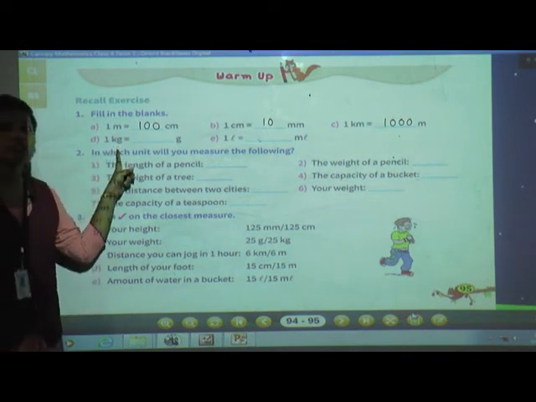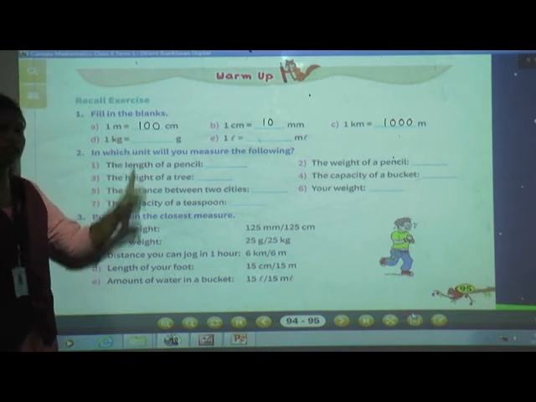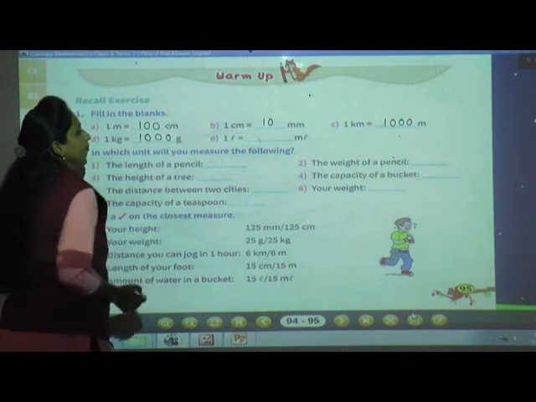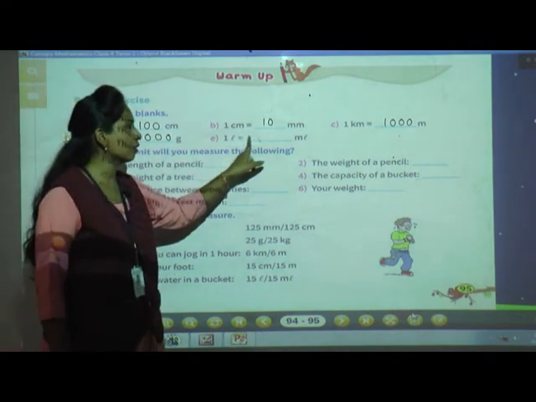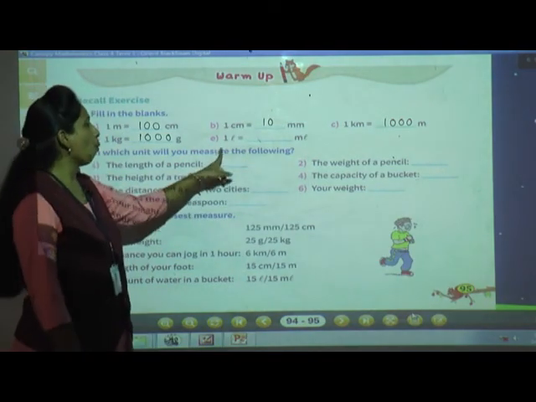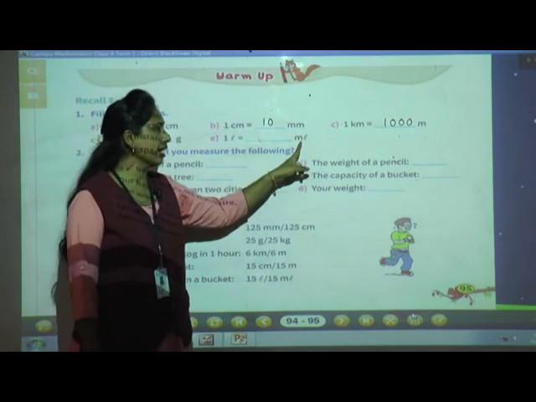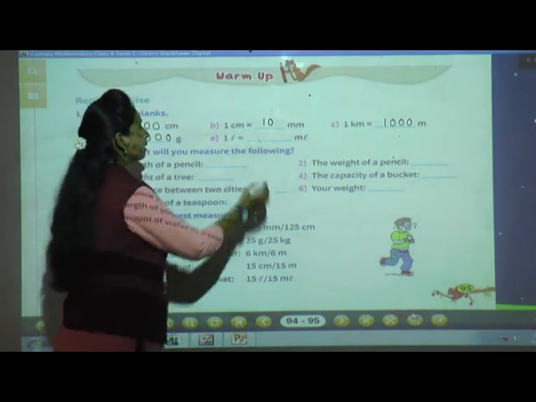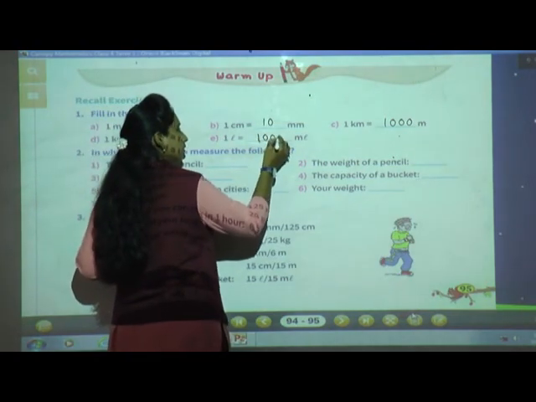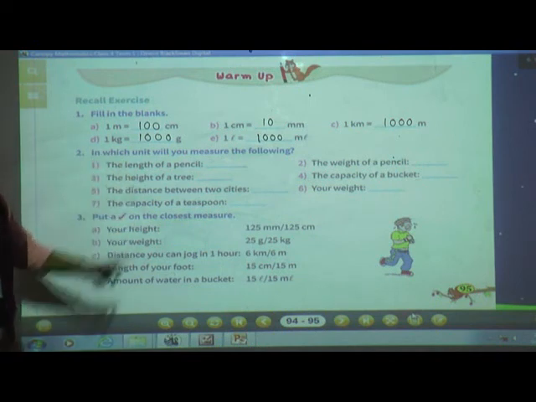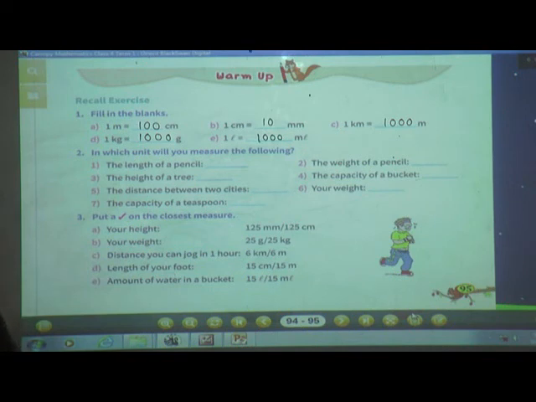Kg stands for kilogram. 1 kilogram is equal to how many grams? 1000 grams. Now 1 L is equal to dash dash ml. L stands for liter. 1 liter is equal to dash dash milliliter. ml stands for milliliter. How many milliliters? 1000. Okay, clear? Yes.